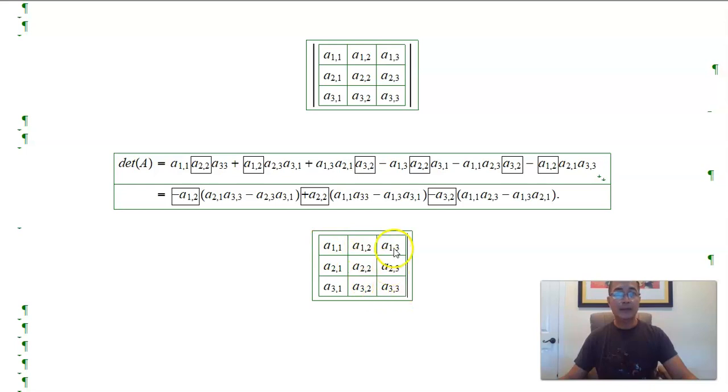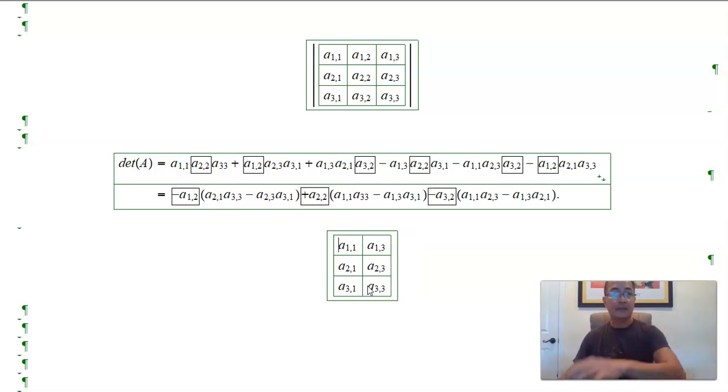A11, A33, A13, A31 are in the corners. So how do we bring those 4 numbers together? Well, there's A22 over there. We can erase this column, and now A22 is gone, and we can erase this row. Boom. Now those 4 numbers are next to each other in the 2 by 2 determinant formula.